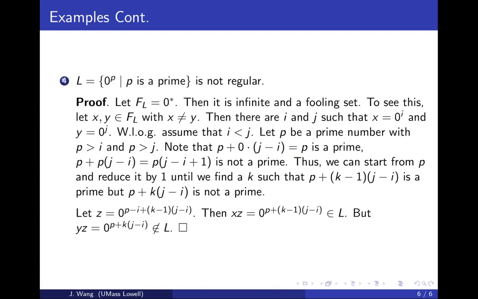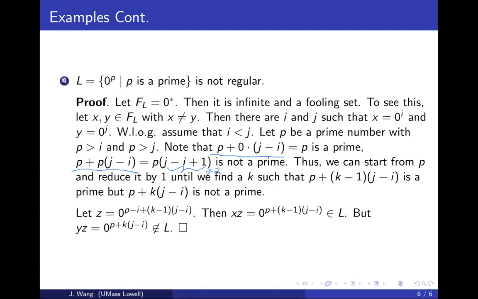So this is a trick. We know that p plus 0 times j minus i is equal to p, which is a prime. And then p plus p times j minus i is equal to p times j minus i plus 1, so this is greater than or equal to 2.